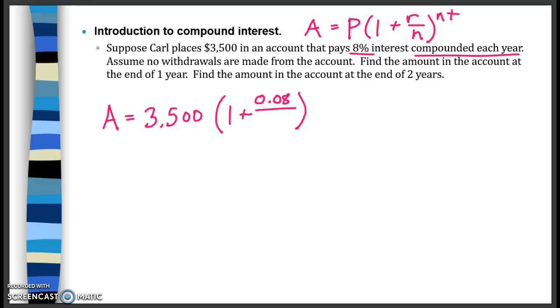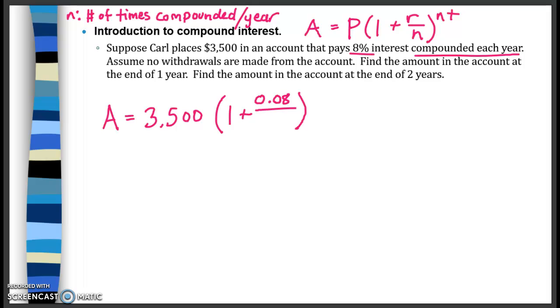What is N? N is the number of times the interest is compounded per year.